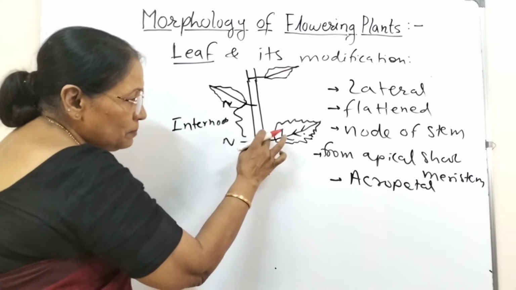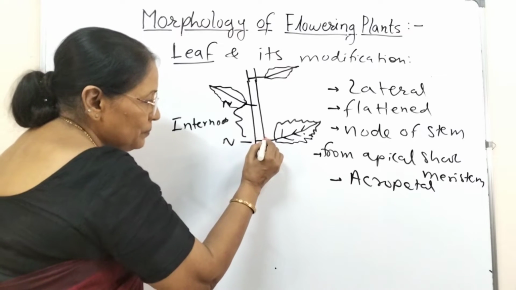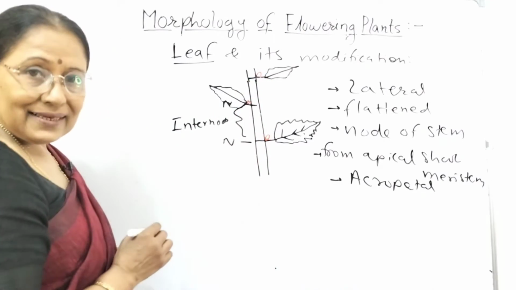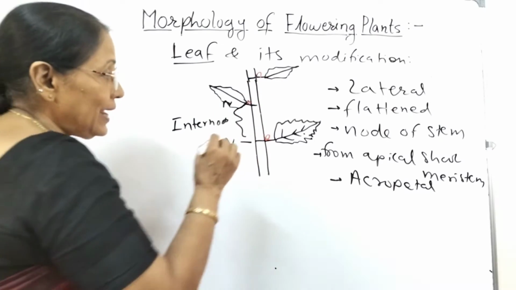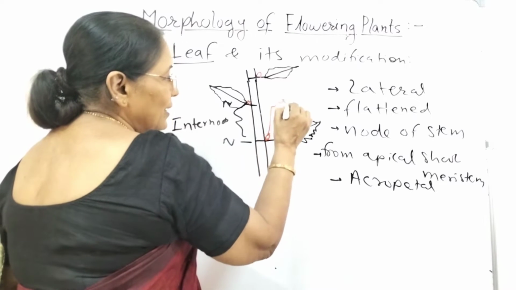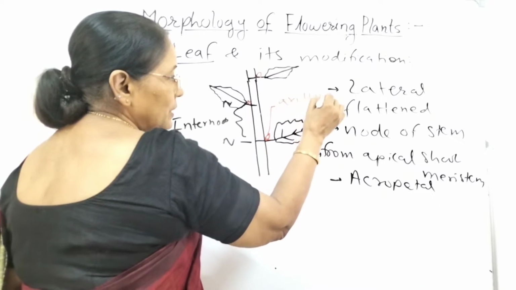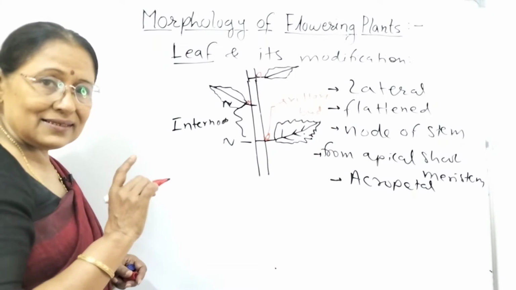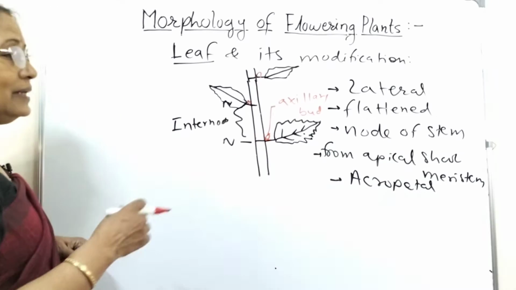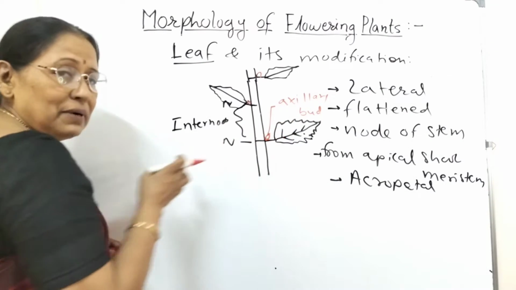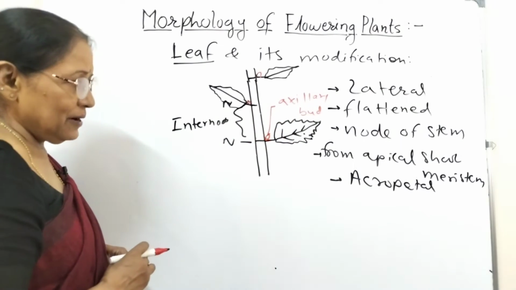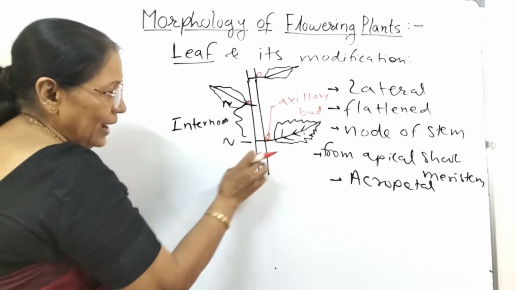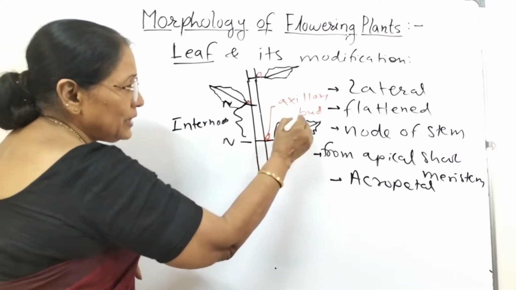Here is present a bud, and this bud is called the axillary bud. We have discussed in stem and its modification that from this axillary bud the branches are formed. So this leaf has an axillary bud at this position.